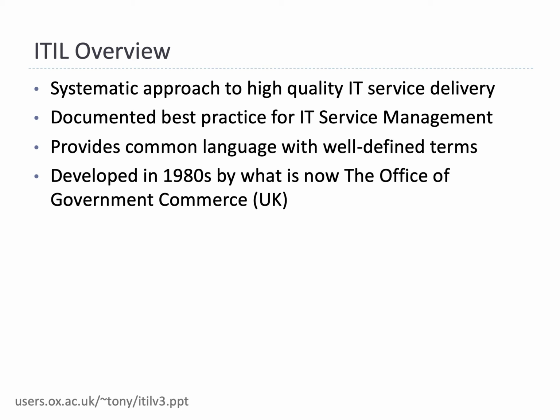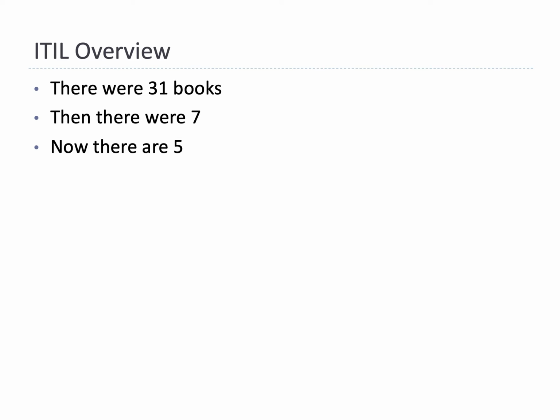Back in the 80s, they began launching these books around areas of management of IT, and they expanded over time. Originally they had 31 different books, which really could be translated as 30 different areas that you might want to offer services in, if you're going to be an expert in everything.